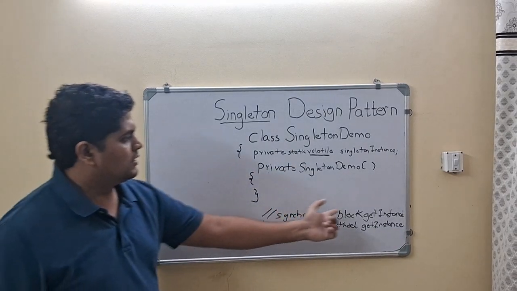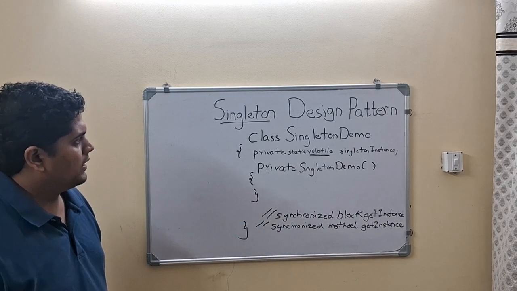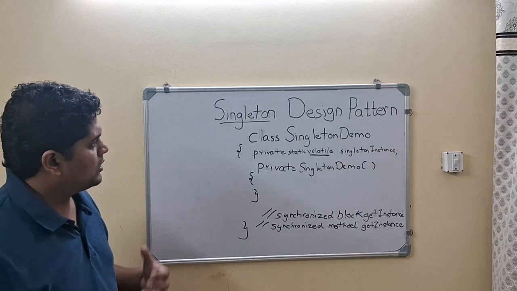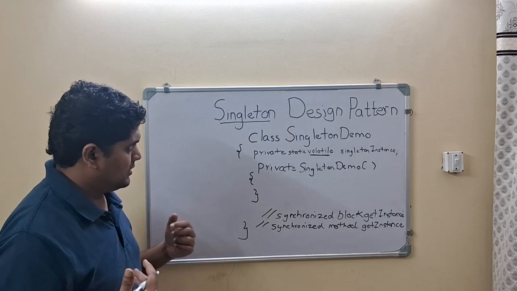So it can be either a synchronized block or a synchronized method getInstance. These are some of the important points to be taken into consideration while creating a singleton design pattern.